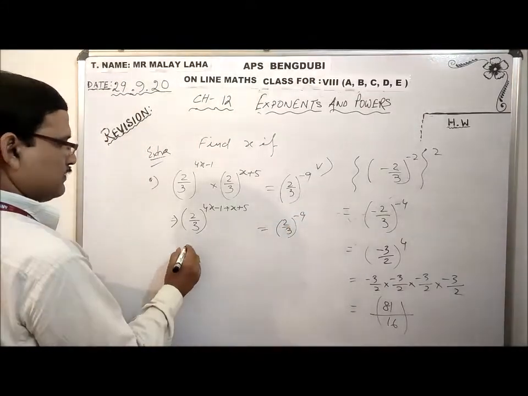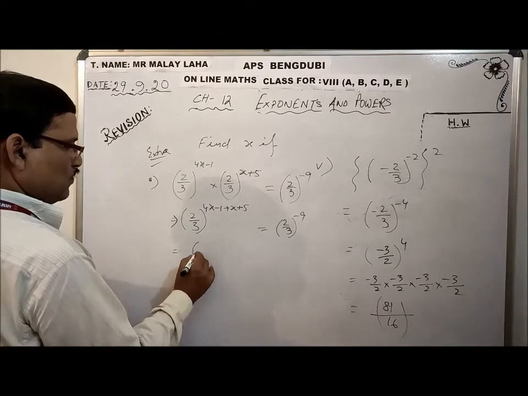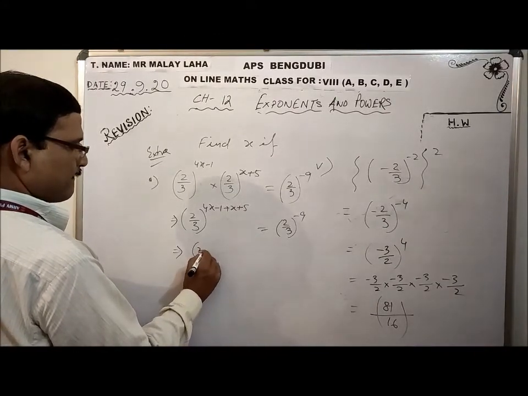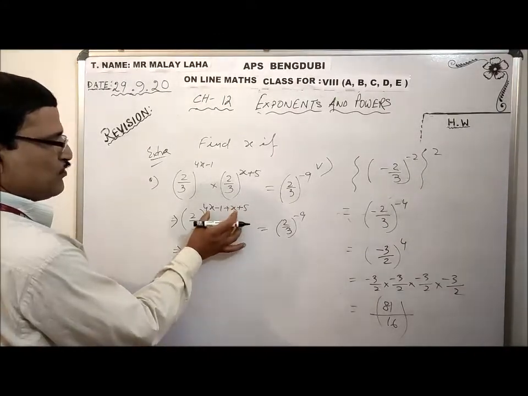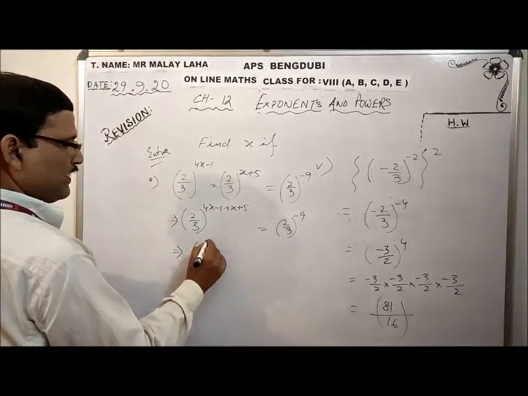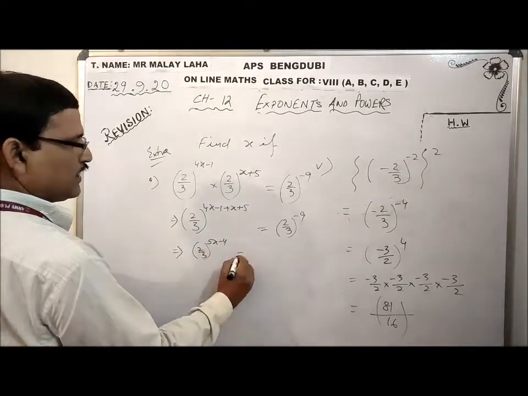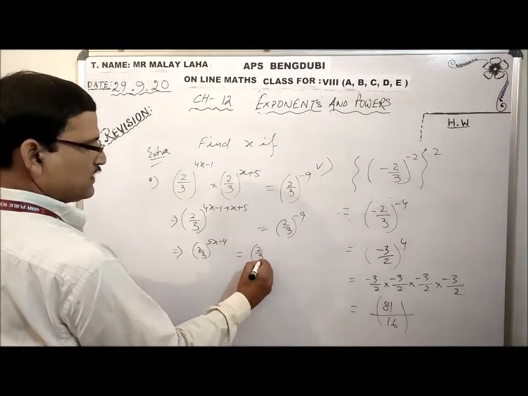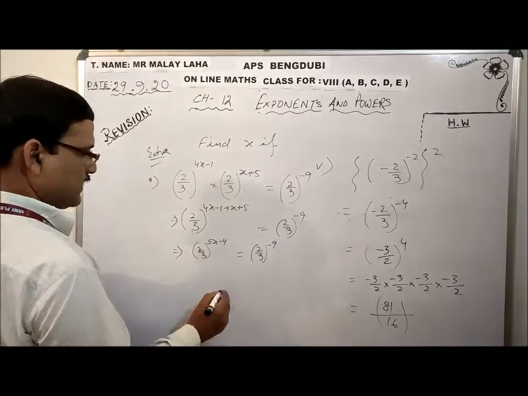Very important part. What is the value when you add? 5x, and 5 minus 1 is 4. So 5x minus 4, on the base 2 by 3.